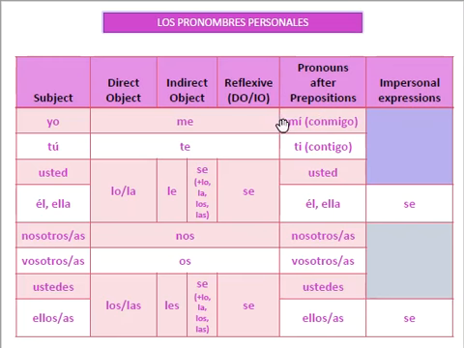Mí, para mí. Ti, a ti. Usted, con usted. Él, por él. Ella, con ella. Nosotros, para nosotros.